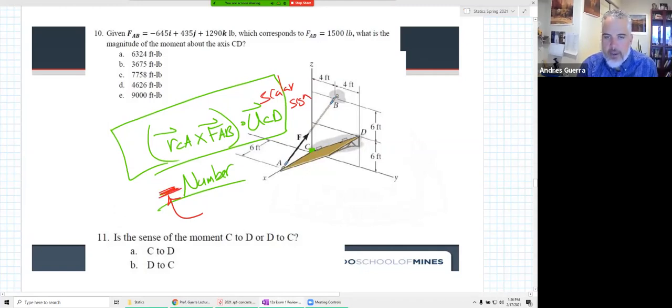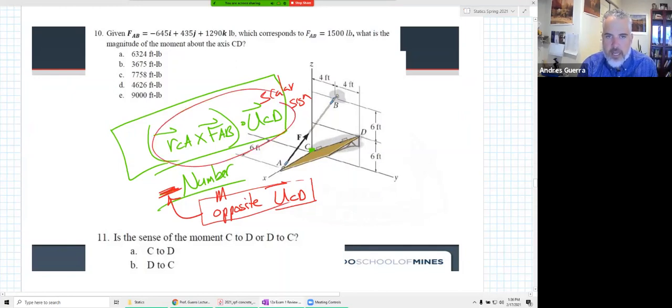And that negative number tells us that it goes opposite the actual vector. So it tells us that the moment goes opposite the unit vector that we picked from C to D. And if we do get a negative number, and we will get a negative number the way we set this up here, then that means that our actual moment vector along C to D is actually going from D to C, not from C to D. So we picked C to D in our unit vector, but we got a negative number.